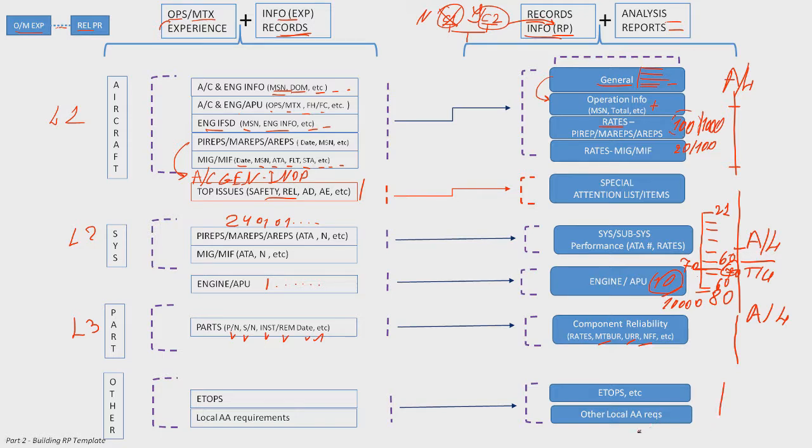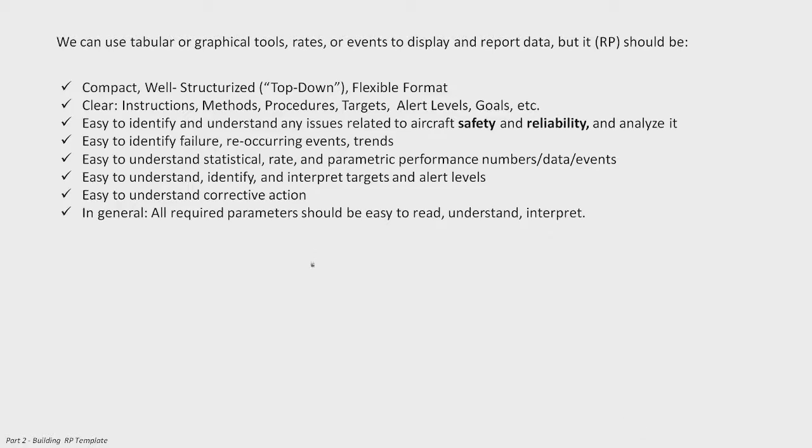Now let's move to the next slide. Before we see the template, I'm going to read here small requirements. Some requirements are from reference, and some are based on my personal experience, which I'm sharing with you.